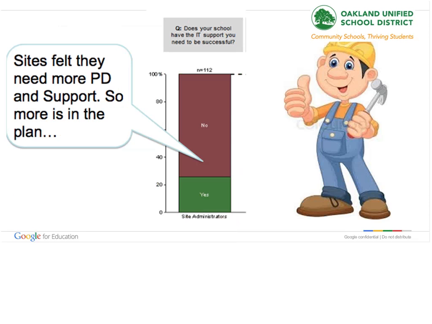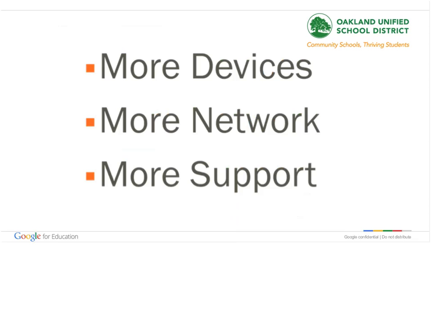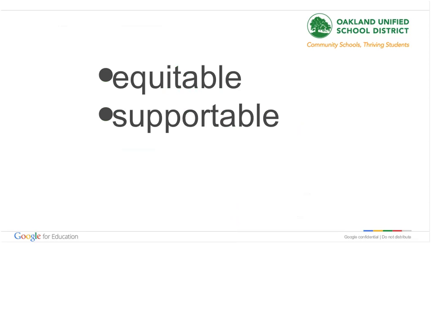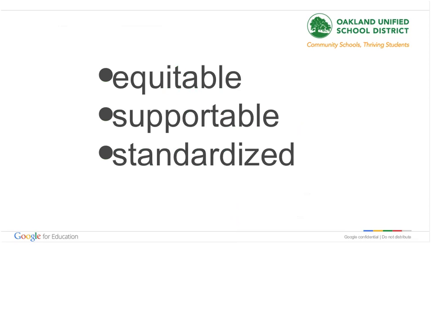And supporting Windows and Mac devices was very hard, so we got a bad rating on that. So at Oakland, we decided we needed more devices, more network, and more support, and with an eye towards it being equitable, supportable, and standardized.